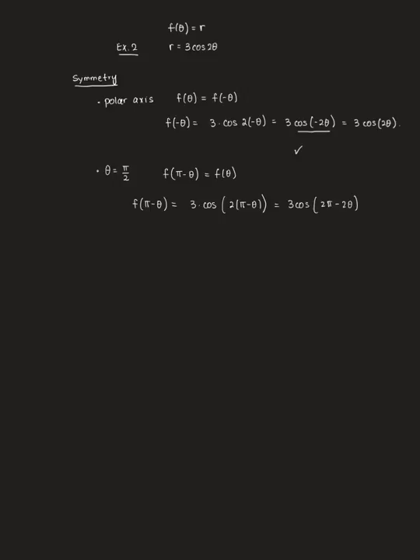Now, I'm not sure what that is, so we're going to use a trigonometric identity to figure out this expression. We know that cosine of A minus B is cosine A cosine B plus sine A sine B.